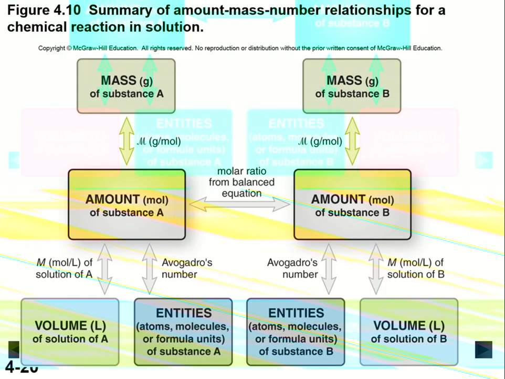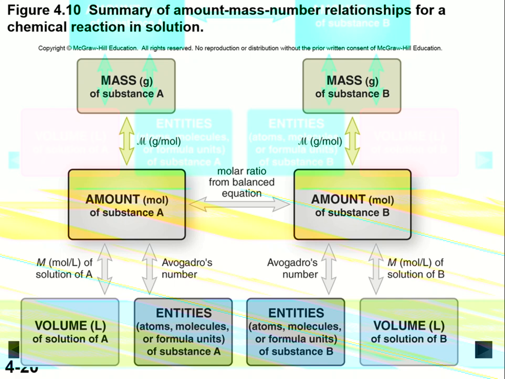Now, for each of these reactions, we can also calculate how much material will be reacted or produced. And so we can use this table here, this flow chart, which is very similar to what we saw in chapter 3. In the middle is the important part. That's the amount of substance that reacts.